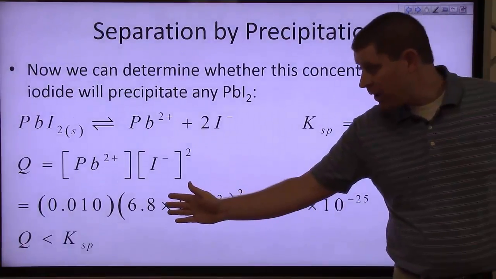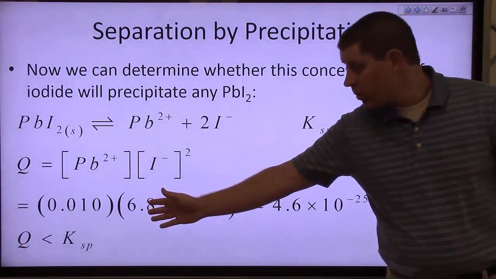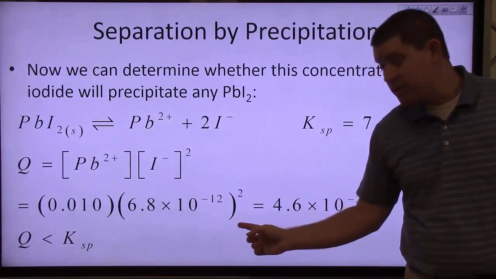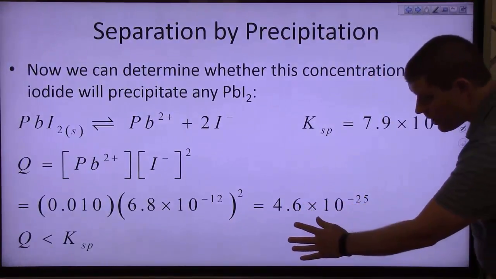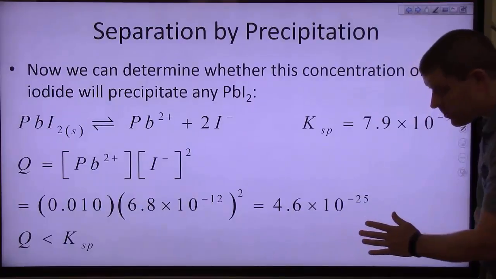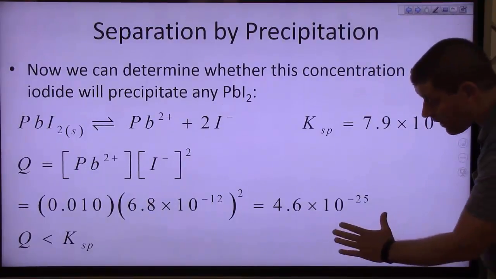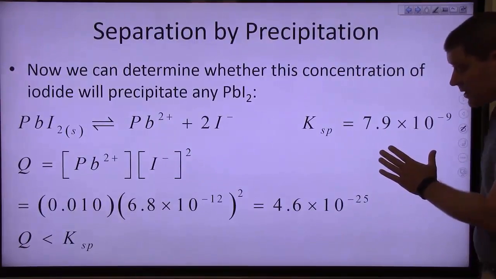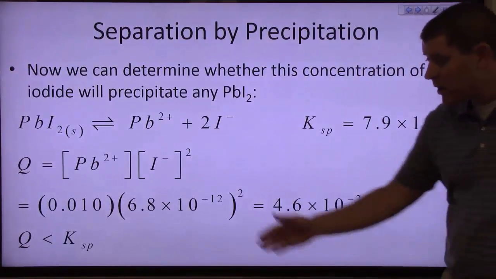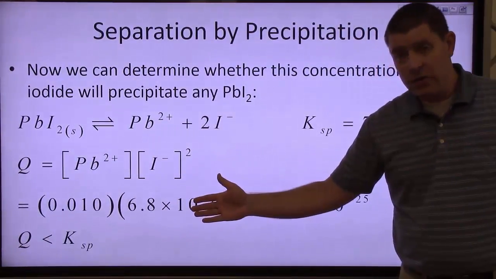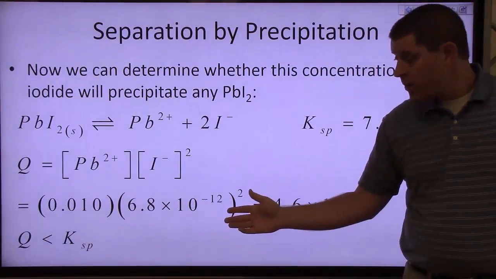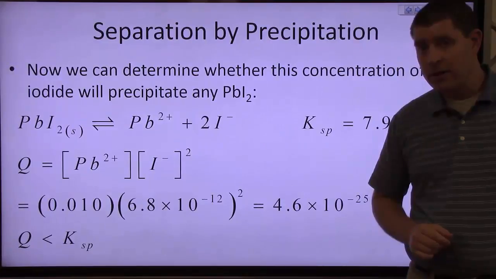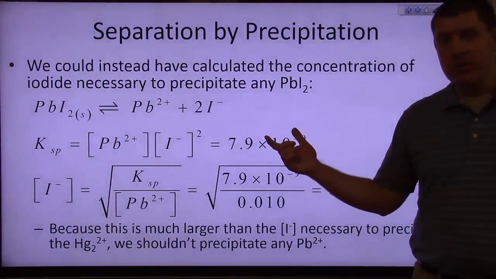And then when we plug in our values, the concentration of lead was 0.010, and the concentration of iodide, which we found to be 6.8 times 10 to the minus 12, that then gives us a value of 4.6 times 10 to the minus 25. Now that value, 4.6 times 10 to the minus 25, is much less than 7.9 times 10 to the minus 9, which means Q is less than KSP, and that means that we will not yet have precipitated any of our lead.